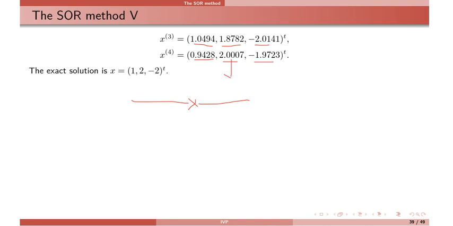So the first component converges to 1, the second component converges to 2, and the third to minus 2. If you perform more iterations, you get your answer 1, 2, minus 2, and this is the successive over relaxation method.